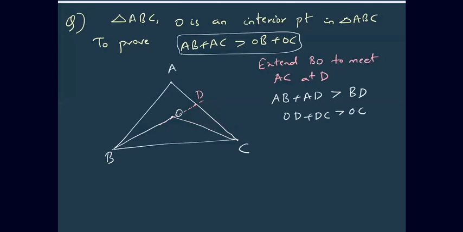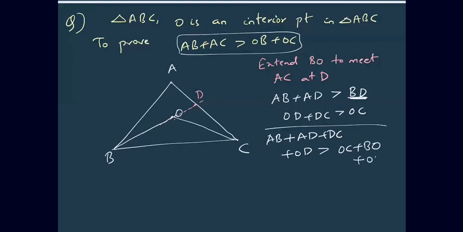So I have used triangle ABD and written the first inequality, and from triangle ODC, we have written the second inequality, that is OD plus DC is greater than OC. Now, if I add this, what I'll get is AB plus AD plus DC plus OD is greater than OC plus BD. I'm writing it as BO plus OD.